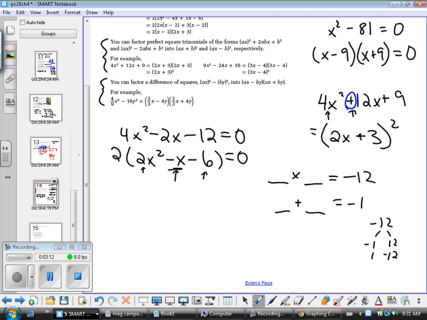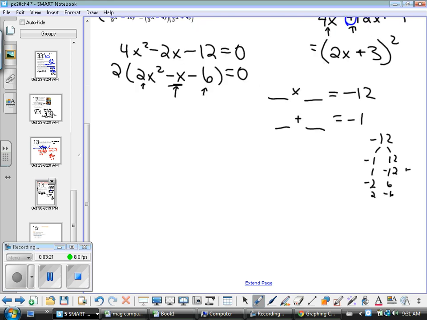So negative 1 and 12 add to give you 11, or this adds to give you negative 11, so that's not what you're looking for. Negative 2 and 6, and 2 and negative 6, that's negative 4, that's 4, so no good. Negative 3 and 4 add together to give you 1. We're looking for negative 1, so we keep going: 3 and negative 4. That's what we're looking for.